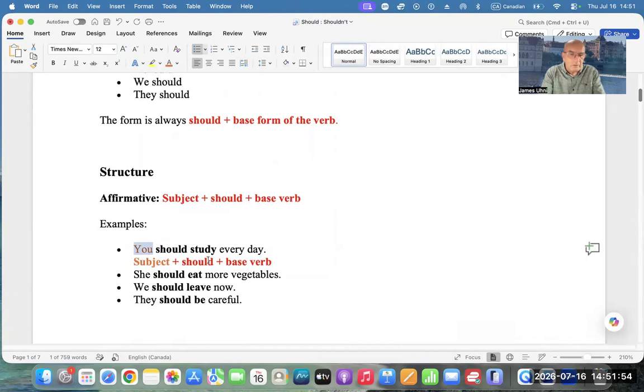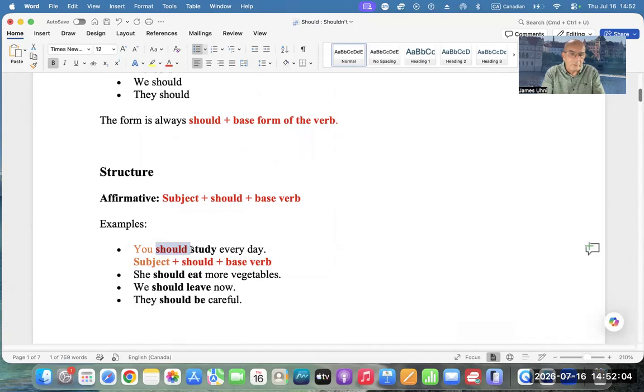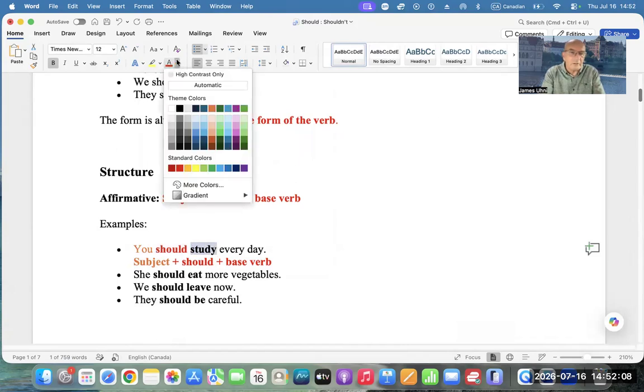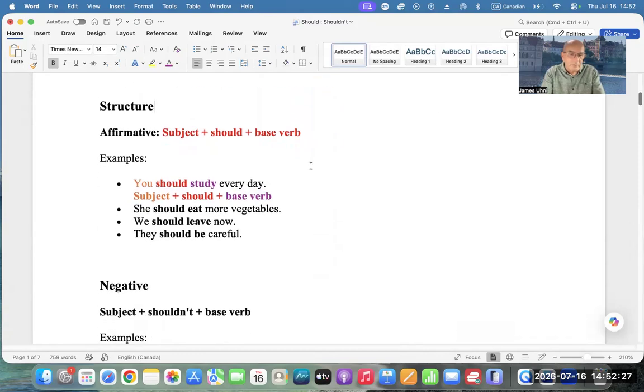Should, we'll leave red. Base verb, study. No infinitive, just the base verb. And every day is object. So the base verb is purple. This is how we have it in positive form.